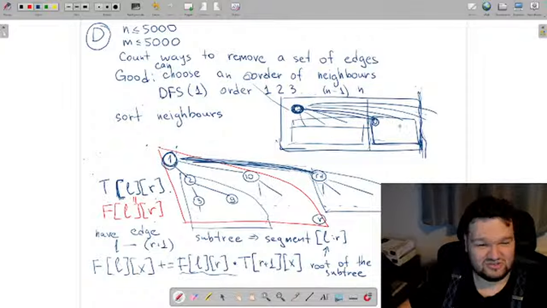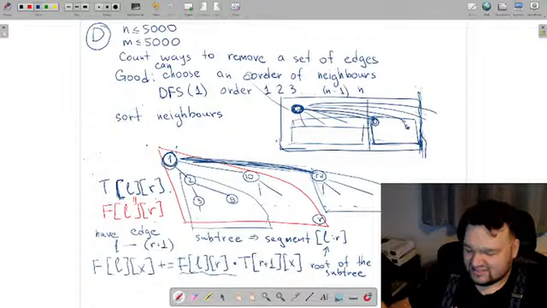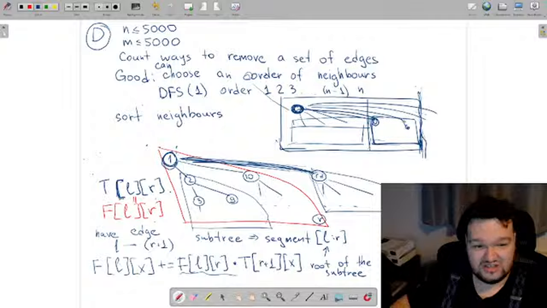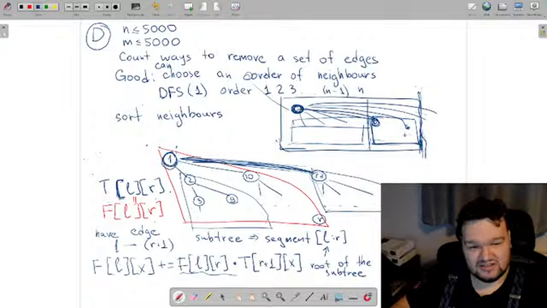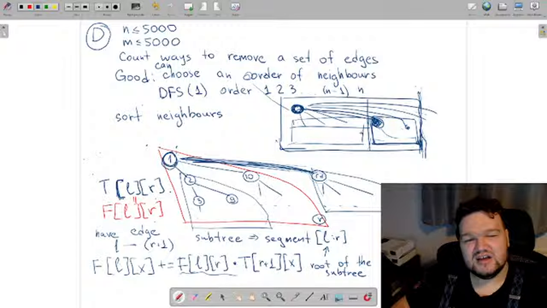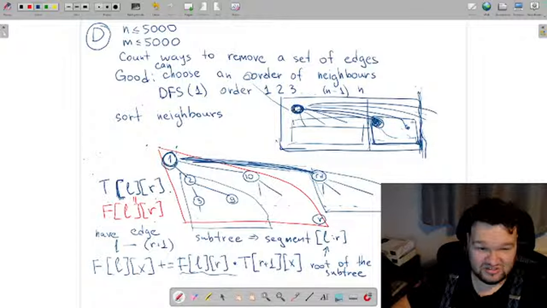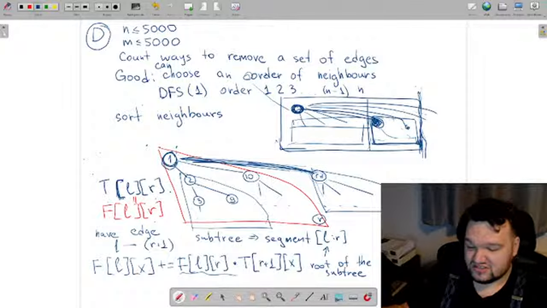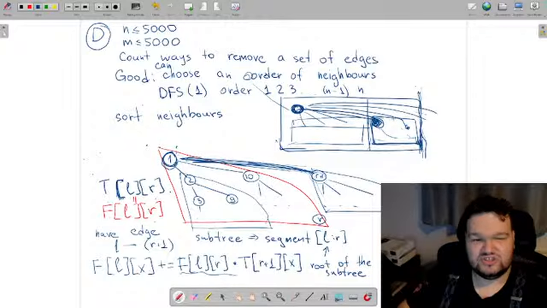If we have an edge to some other vertex, well, I say it doesn't matter if we have it or not. We will not use it in the tree because everything here will be traversed when we do DFS in this subtree. So when we go back from this subtree, return to our root and try to consider this edge, it will lead to an already visited vertex. So it doesn't matter if we have that edge or not, nothing will change.